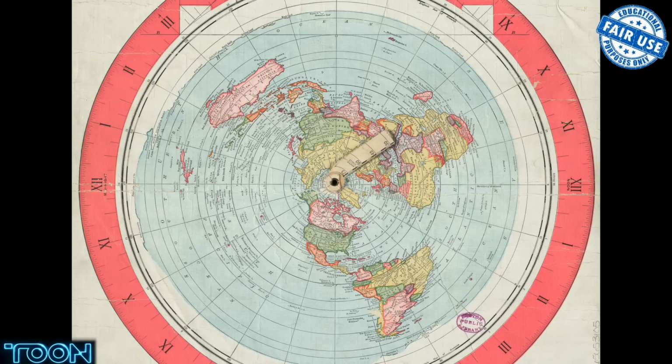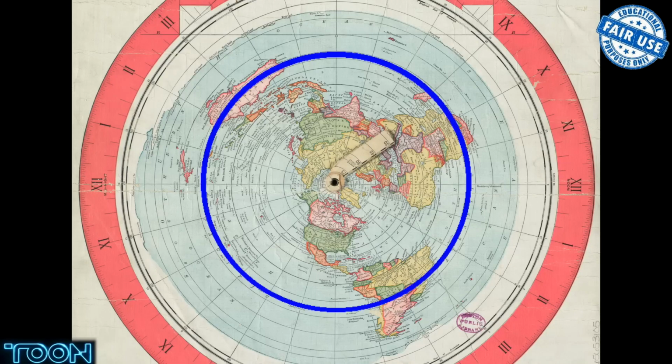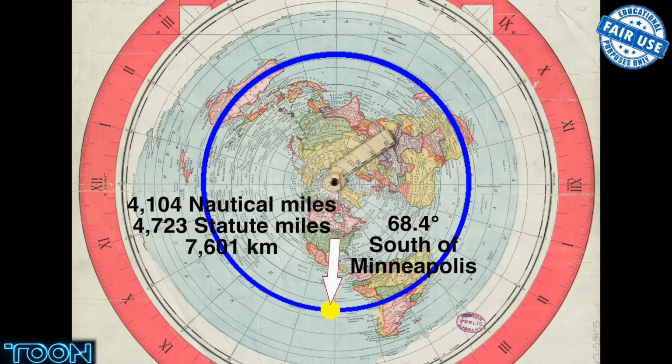Good luck with that. On the December solstice, the sun is over the Tropic of Capricorn, and at local solar noon from Minneapolis, the sun is due south, right here. Using their map again, the Tropic of Capricorn is 68.4 degrees south of Minneapolis. That's 4,104 nautical miles, or 4,723 statute miles.